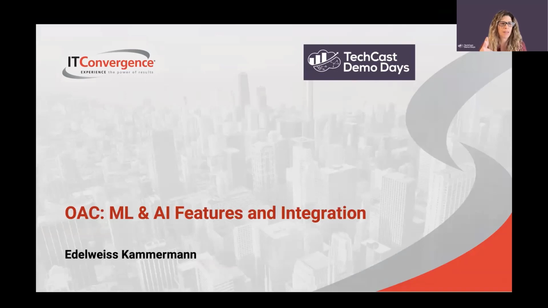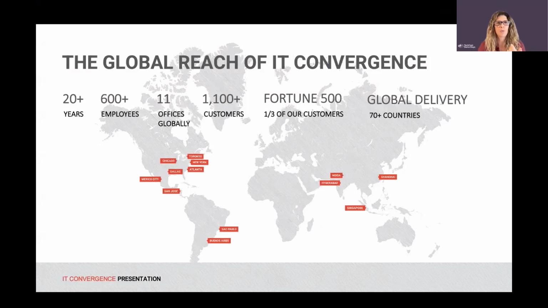My session is about Oracle Analytics Cloud and all the machine learning and AI features and integration that you can do with that. So first of all, I just want to let you know that I work for a company called IT Conversions. IT Conversions is a global company that has consultancy support in everything in Oracle, from EBS to analytics, data integration, and database.